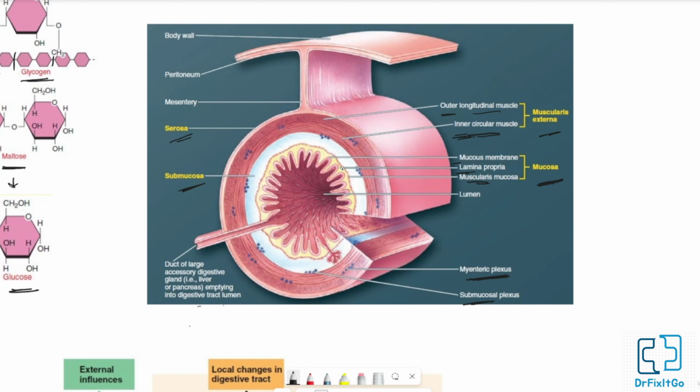Lamina propria is made up of loose connective tissue rich in lymphocytes which has small blood vessels, lymphatics, glands and nerve fibers. Muscularis mucosa is made up of two thin layers of smooth muscle fibers. In that, contraction causes changes in surface area for secretion and absorption.